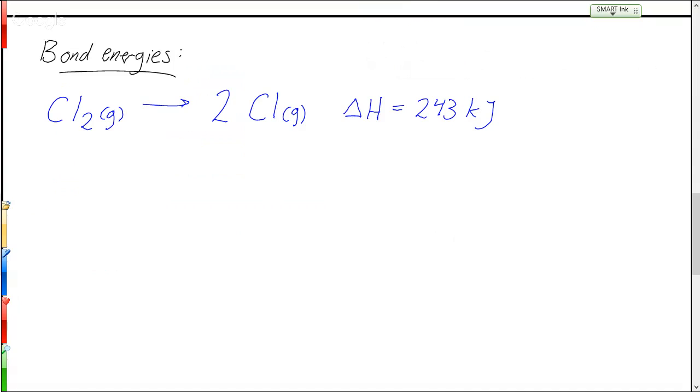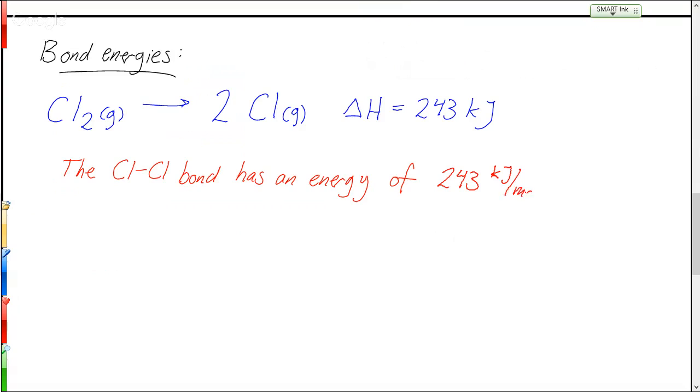If you've got a mole of that, it takes 243 kilojoules of energy to break that up. So we would say that the chlorine-chlorine bond has an energy of 243 kilojoules per mole.